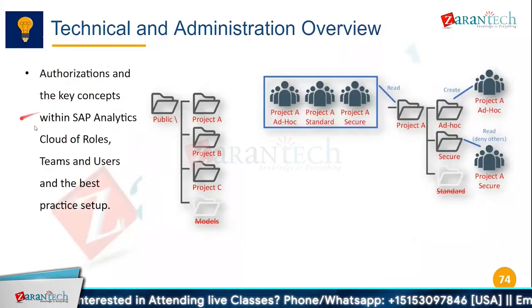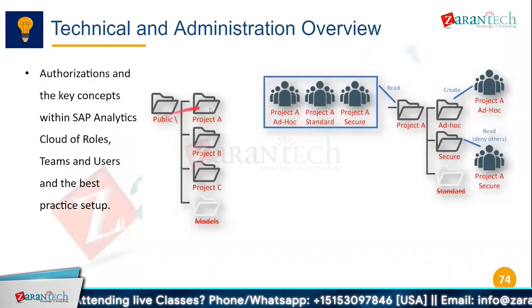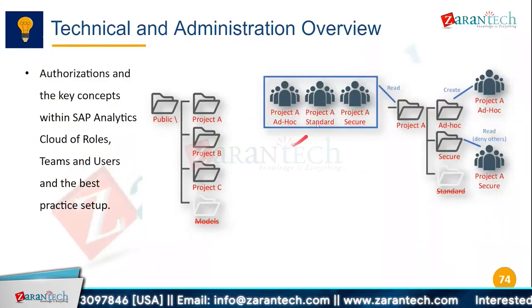Next, authorization concepts with respect to different folders. I think we already saw a public folder. Then we have different project folders, and you can also have models and subfolders. Typically you can define read access. In case you have project A, and there are 3 teams for project A, different teams have different kinds of operations to be done. For example, project A secure is the team that does the access management.